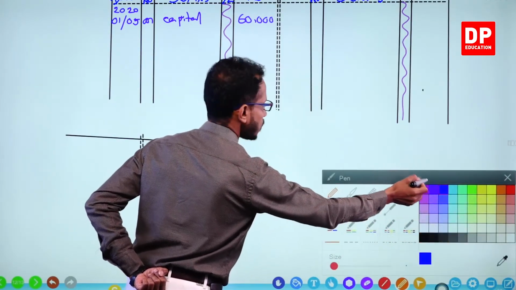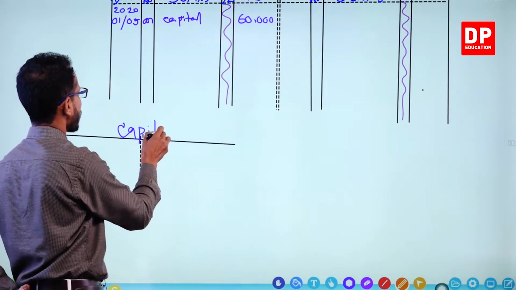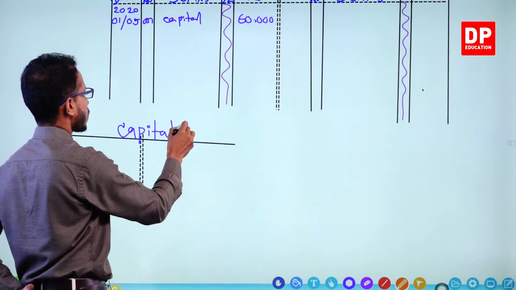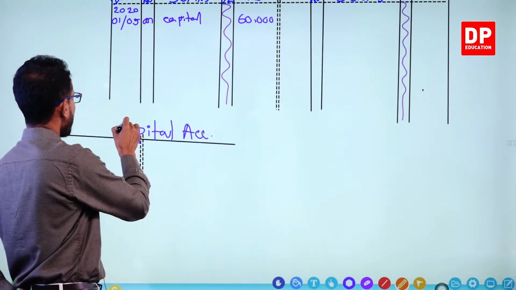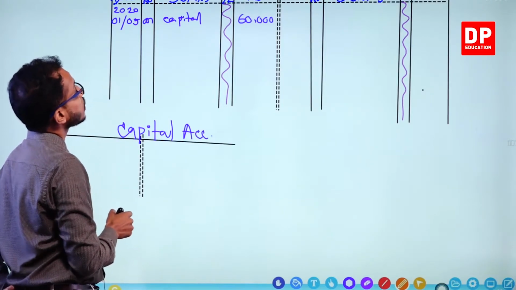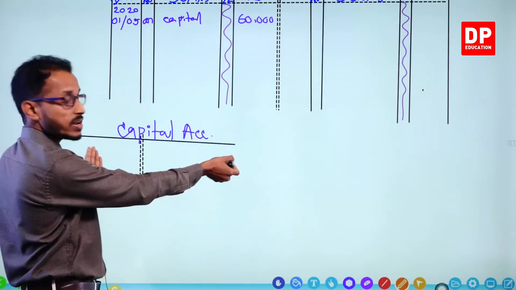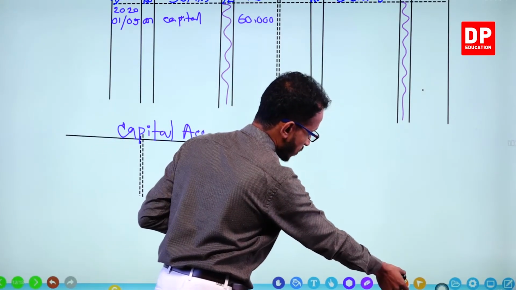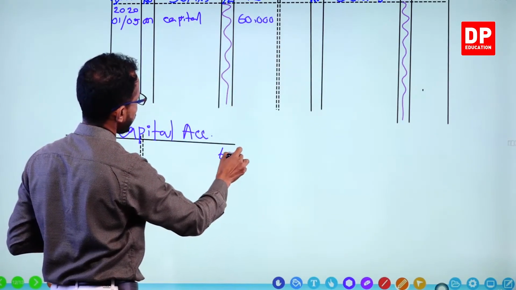This is the capital account. And in the capital account, which side? If the cash book is debited, capital should be credited, of course. 60,000 comes to the credit side.